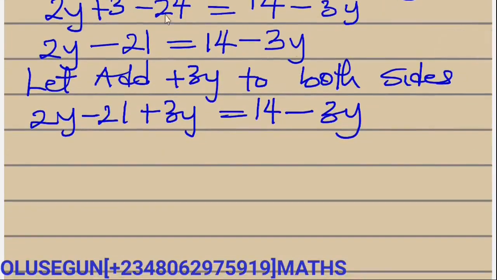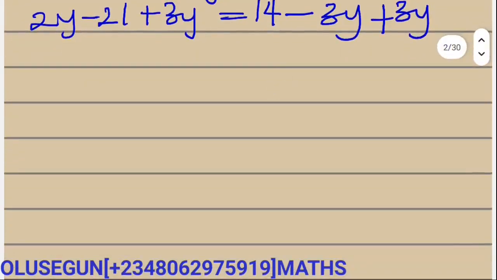So here we also have plus 3y. So now we have this. What I want to achieve is that here minus 3y plus 3y, these two things will turn to 0. That is what I want to achieve.